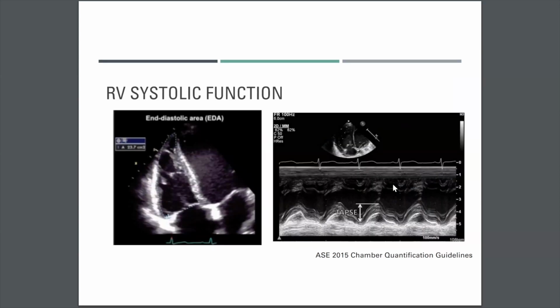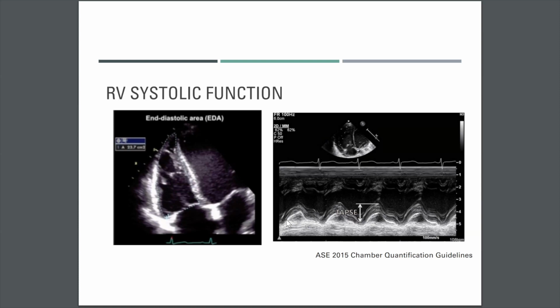In terms of RV systolic function, there are again a couple of ways. The 2D linear dimension that we commonly measure using M mode at the lateral annulus of the tricuspid valve measures the translational movement of the RV, which has good correlation with RV systolic function, and that measurement is TAPSE. But again, this is not applicable in certain patients that we see in this lab, especially in patients who have had tricuspid annuloplasty or certain TTVRs that can definitely affect the tricuspid annulus motion, so it will not be applicable in those.